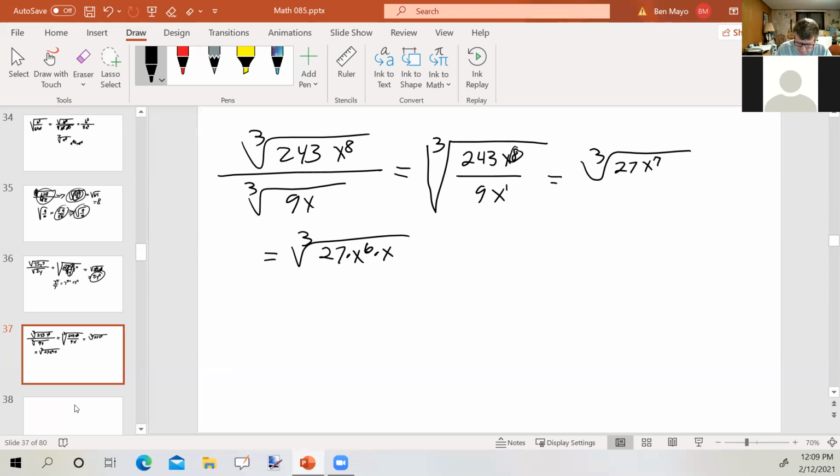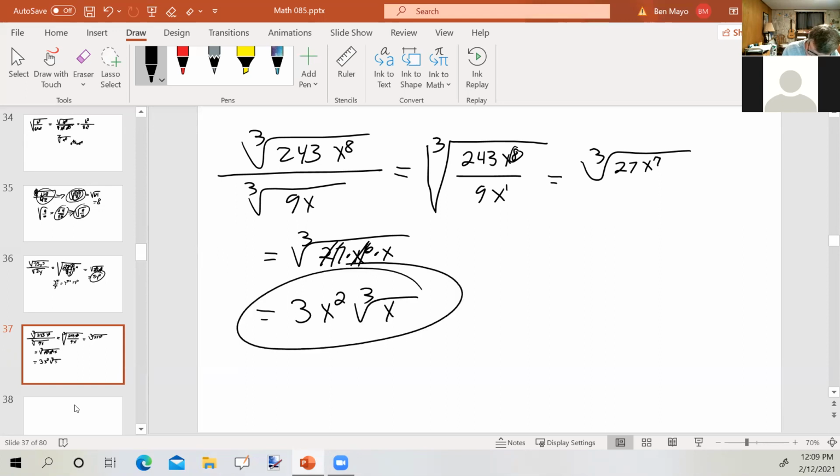And 27 is a cube. So what's the cube root of 27? Wouldn't it be 3? Mm-hmm. What's the cube root of x to the 6th? x to the 2nd. So 3x to the 2nd? Yep, and then the leftovers. Take out and leftovers.